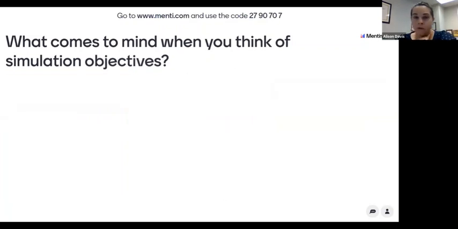They can be threaded throughout the program and the course. Most of the time we're looking at KSAs, knowledge, skills, and attitudes of the participant, and if you think back to the Kirkpatrick we just talked about, that's B. So it all ties together. All right, here's our next question: what comes to mind when you think of simulation objectives?